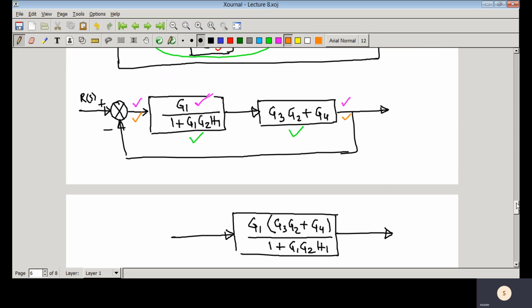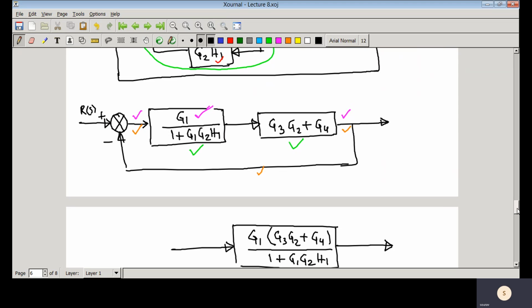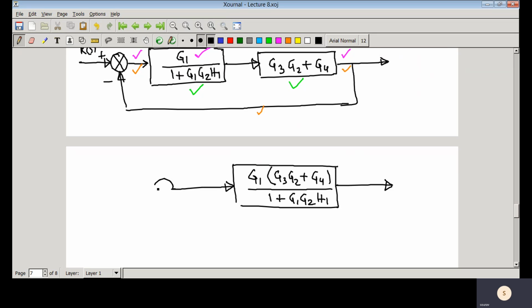Now the rest of the part is that feedback loop and that comparator. So again we draw the simplified block diagram. This is the comparator R(s), you have that plus sign, and then you have that feedback path with minus.